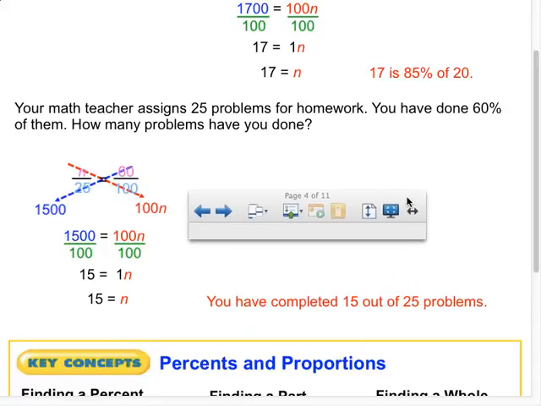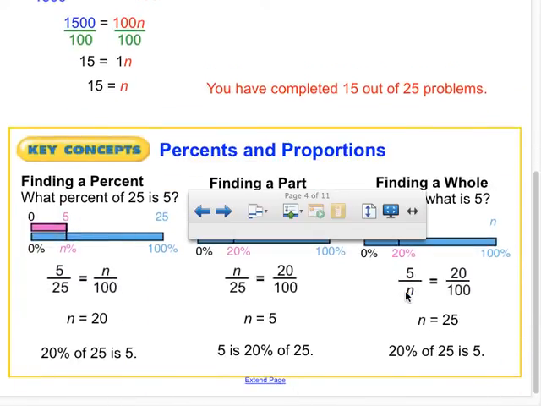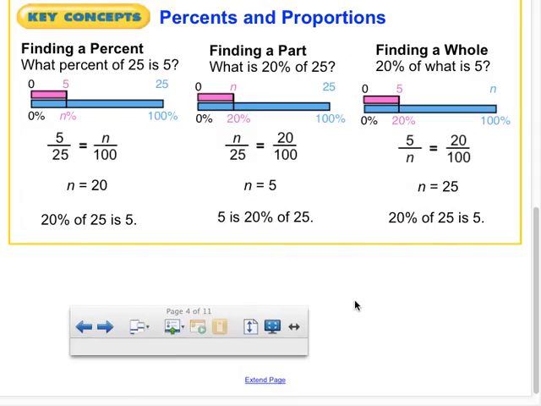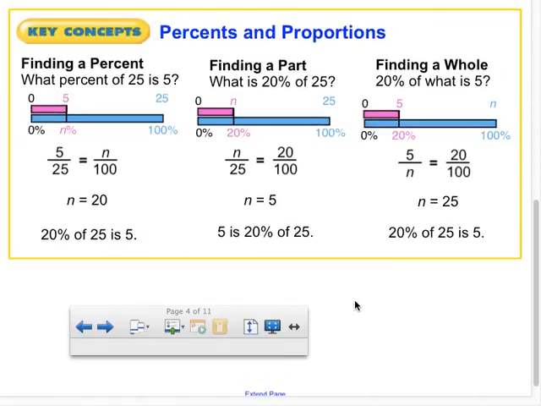Okay, so here's the key concept for today. This is just to wrap up the lesson. These are the 3 problems that you need to set up with proportions. So do you guys see right here, when we're trying to find out what percent of 25 is 5, do you see how n is the numerator? Percent.